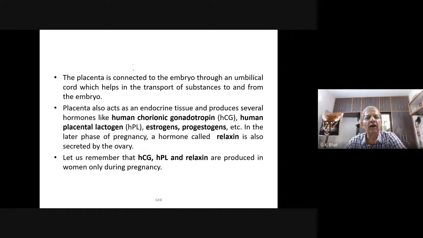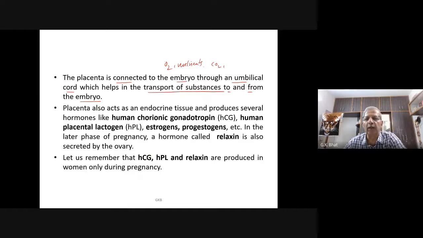The placenta is connected to the embryo through an umbilical cord, which helps in the transport of substances to and from the embryo. This includes transport of oxygen and nutrients through the arteries, and taking away of carbon dioxide and the nitrogenous excreted material through the veins.